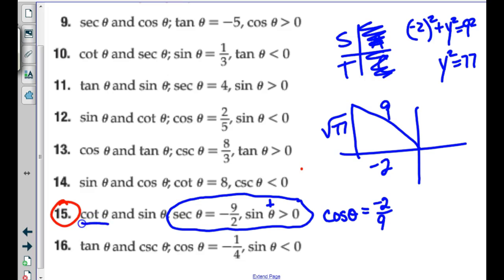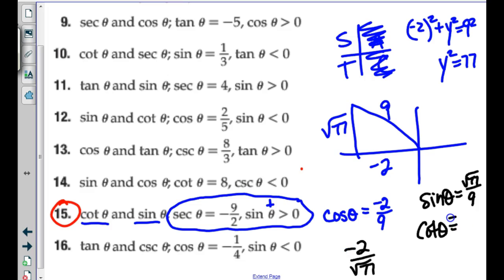It wants the cotangent and the sine. It's positive, right? Because we went up. So the sine would be square root of 77 over 9. And the cotangent would be adjacent over opposite. Yuck. Negative 2 over square root of 77, or negative 2 square root of 77 over 77. Picked one with nice numbers, huh? Yuck.